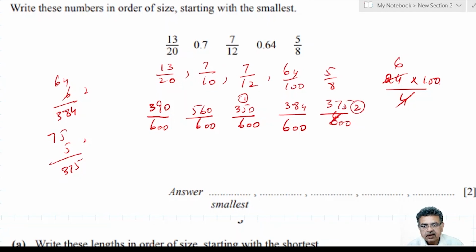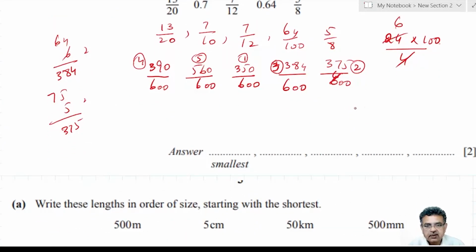Then larger than 375 is this value, this is number 3, and this is number 4, and this is the last one, number 5. So the first value, that is this one, which is equivalent to 7 over 12. 7 over 12 is the smallest, then 5 over 8.